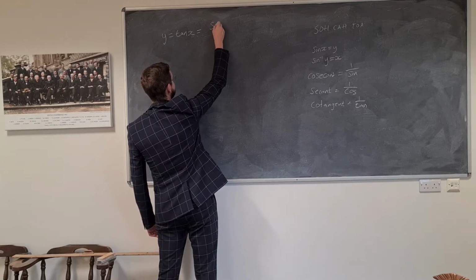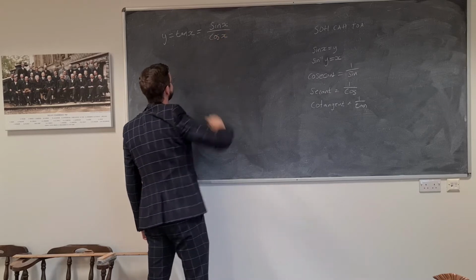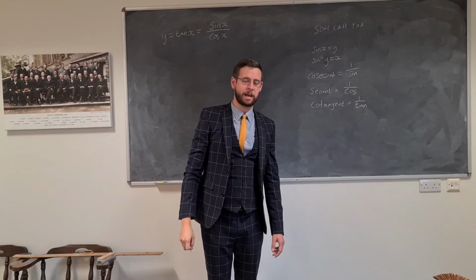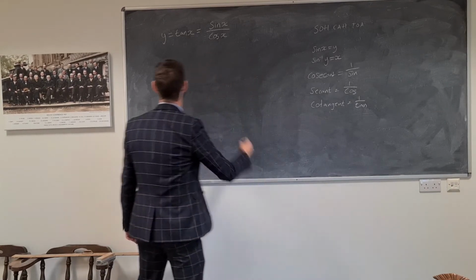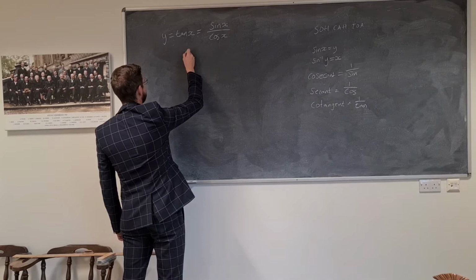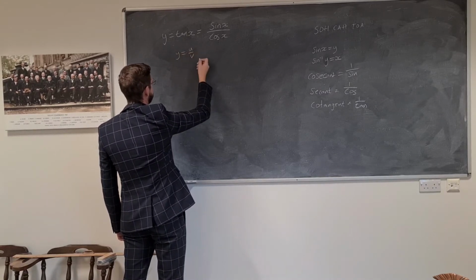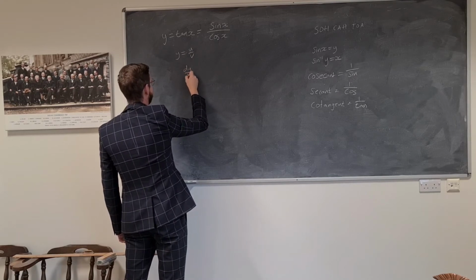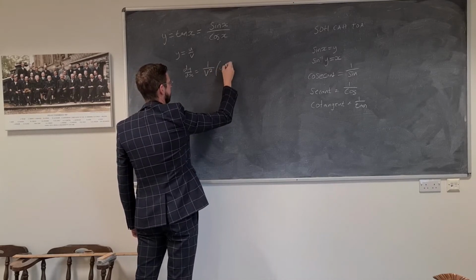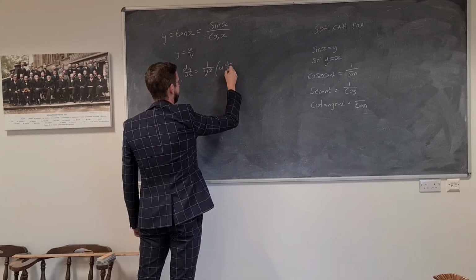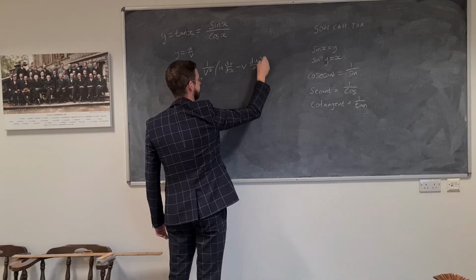And so if we want to work out the derivative of this, we need to use the quotient rule. Remembering what the quotient rule was, if y equals u over v, then dy by dx is 1 over v squared, u times dv by dx minus v times du by dx.